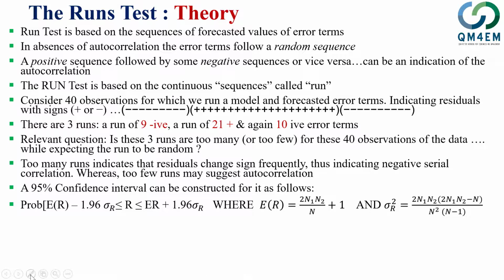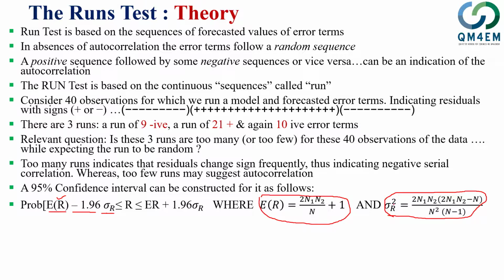This is the expected value, or the mean value of runs, minus 1.96 multiplied by the standard error of the run, and this is the mean.